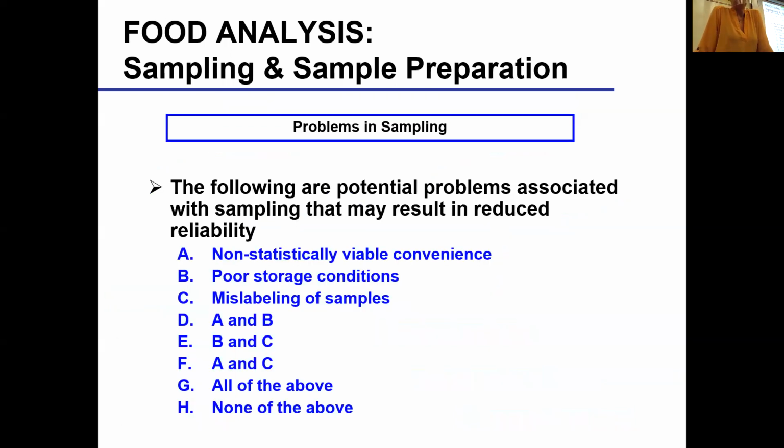The following are potential problems associated with sampling that may result in reduced reliability. Non-statistically viable convenience sampling, poor storage conditions, mislabeling of samples.